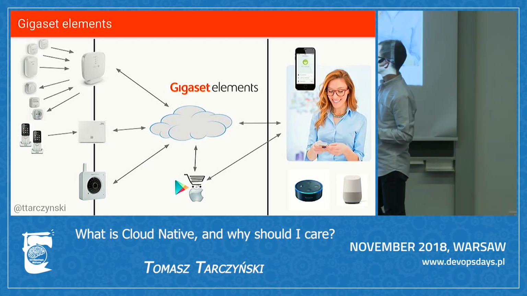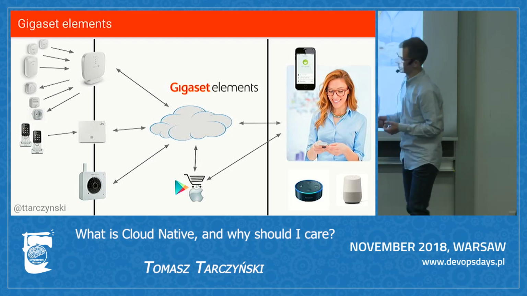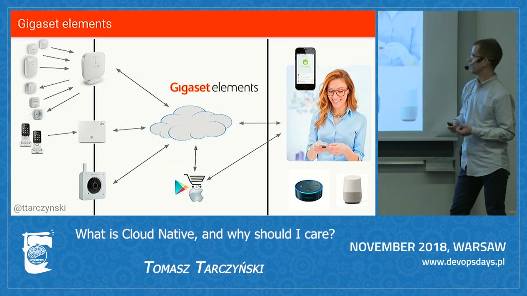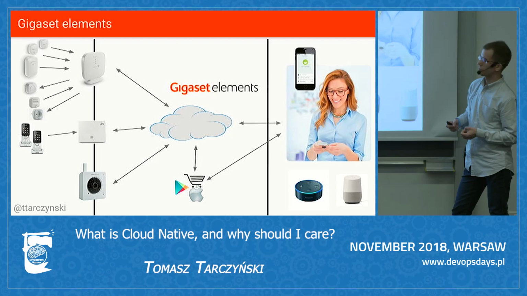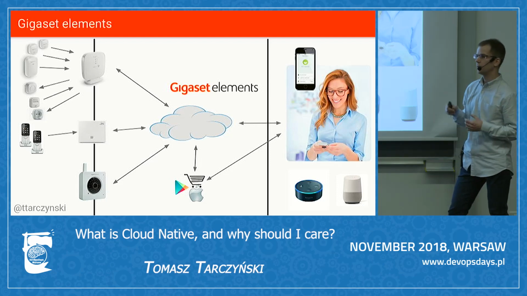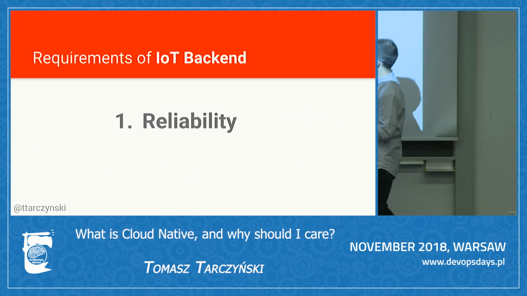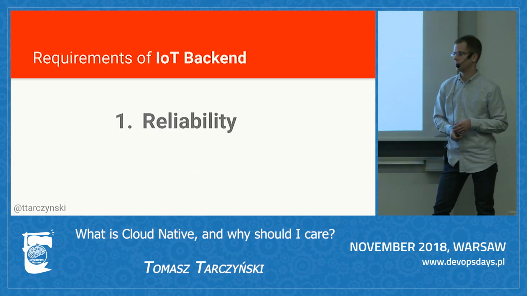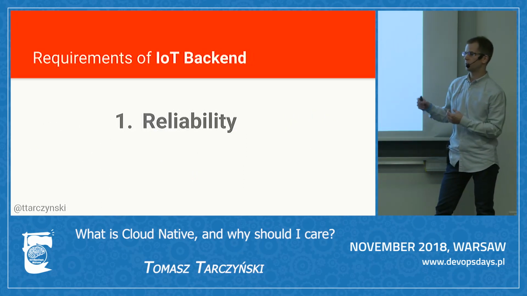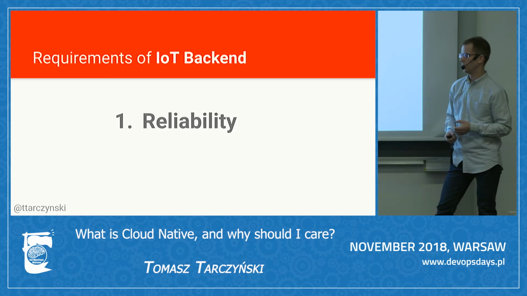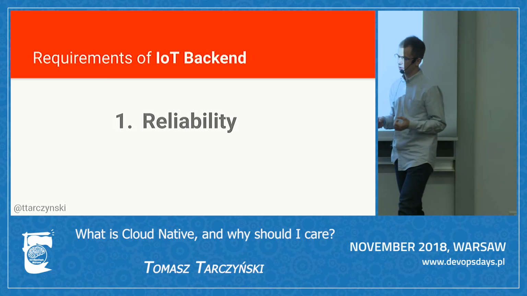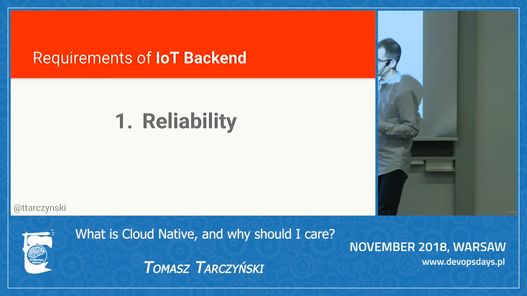And as we want to make our customers happy with our system, we need to ensure 2 important non-functional requirements. First, reliability. We need the system to be super reliable, to limit any malfunction or unavailability to a minimum.